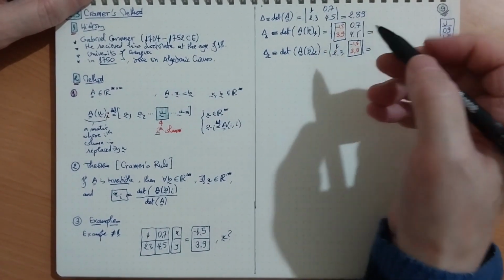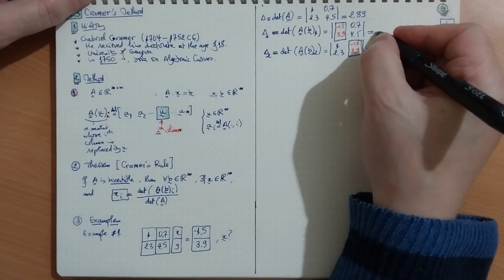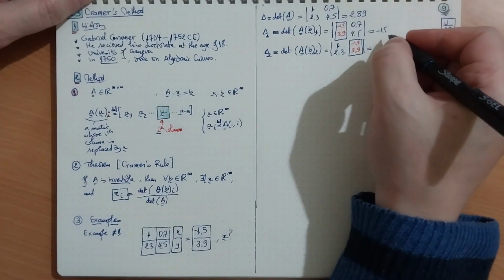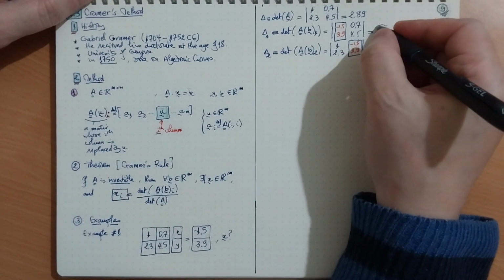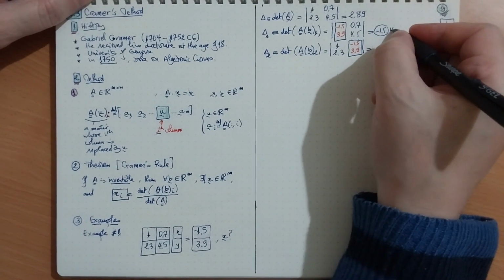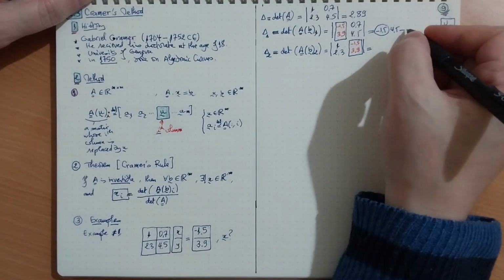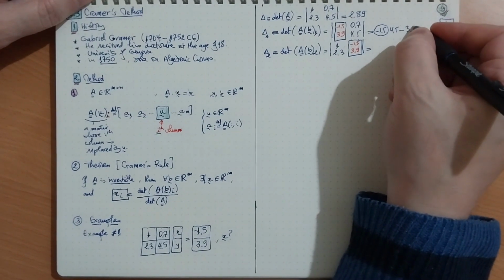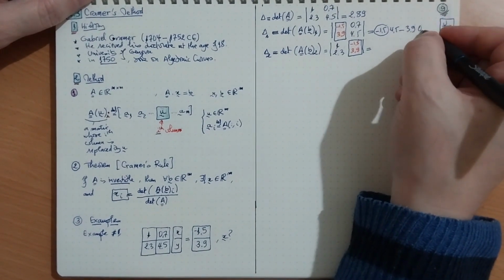So minus 1.5 times 4.5 minus 3.9 times 0.7.